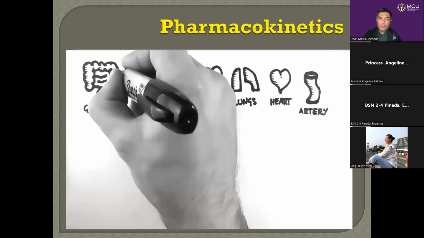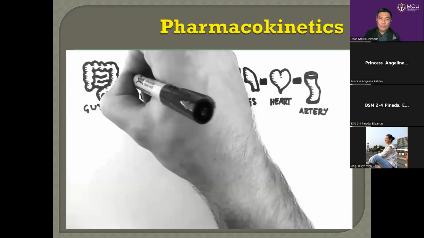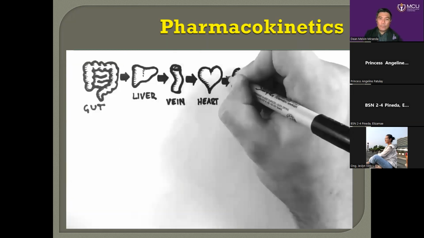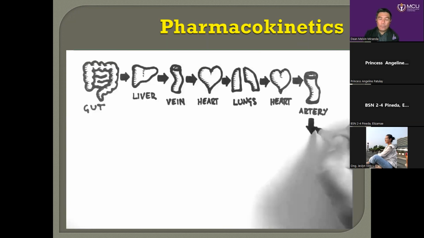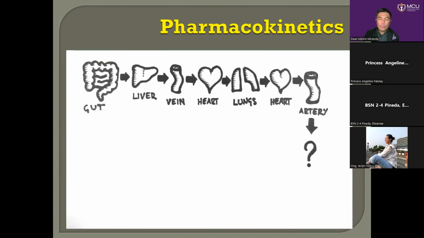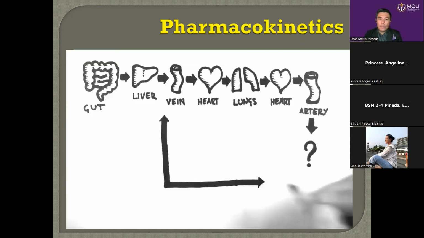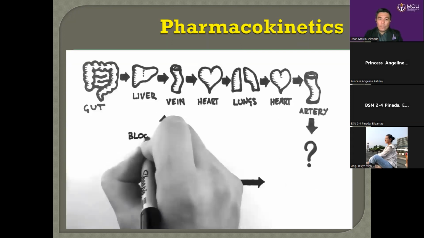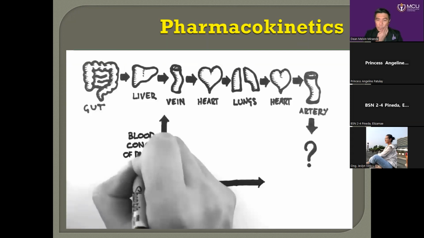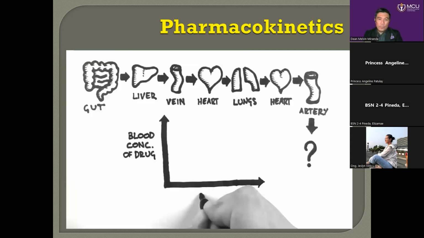What we are going to do is place drugs into different parts of this system and measure their concentration in the arterial circulation over a period of time. So I'll draw a set of axes, and on the y-axis we have blood concentration of drug, and on the x-axis we have time.